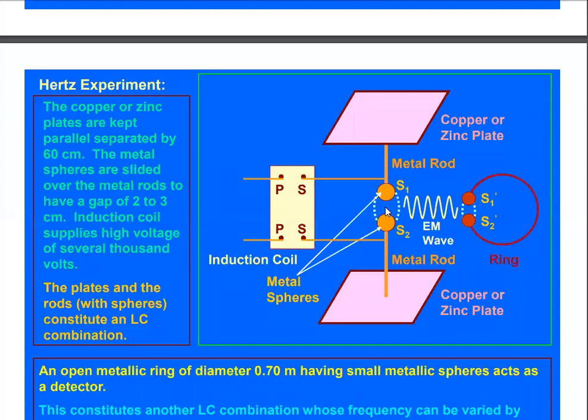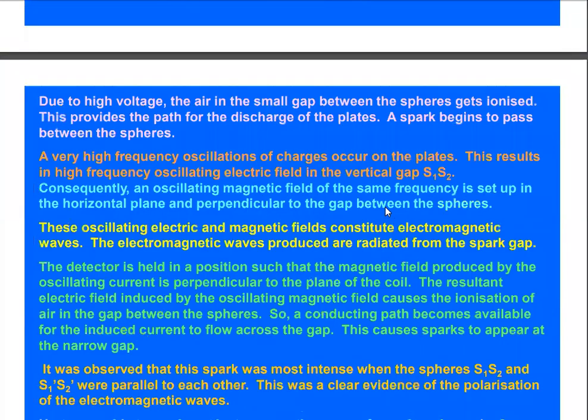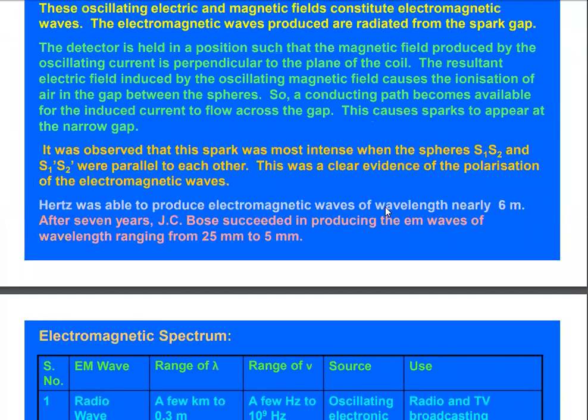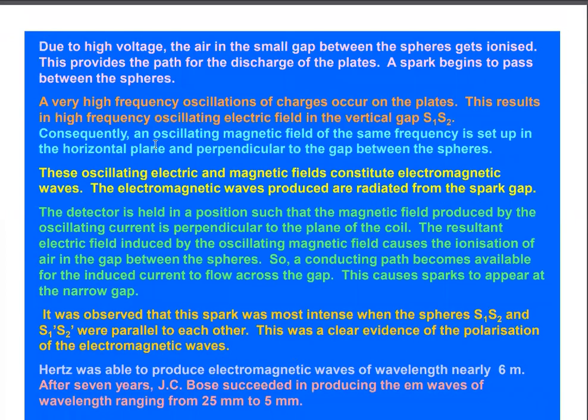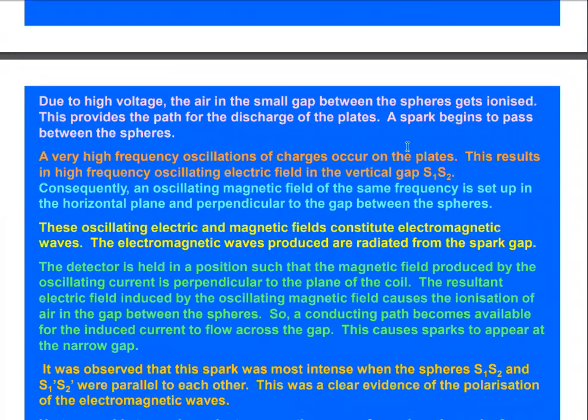Here, because of the high voltage supply, the air molecules get ionized and provide the path for the discharge of the plates, and a spark begins to pass between the spheres.